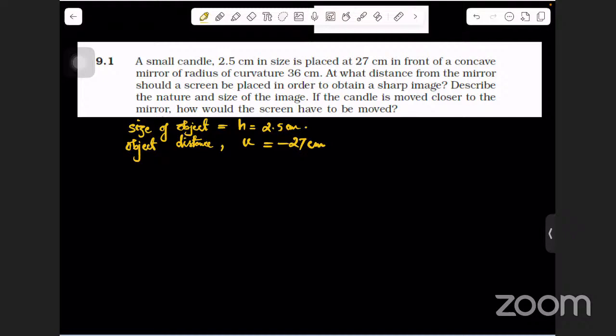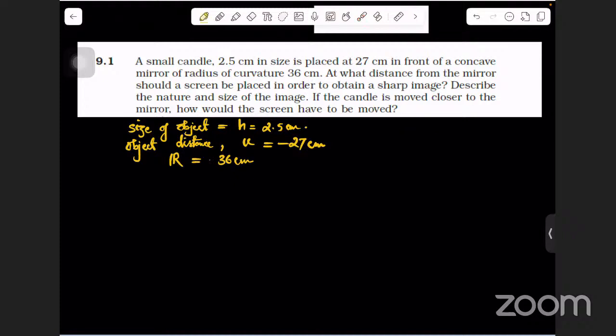Also we have the radius of curvature as 36 centimeters. Radius of curvature we denote by capital R, that is 36 centimeters. But again, what kind of mirror do we have? We have a concave mirror. So the radius of curvature is again towards the left side, somewhere over here.